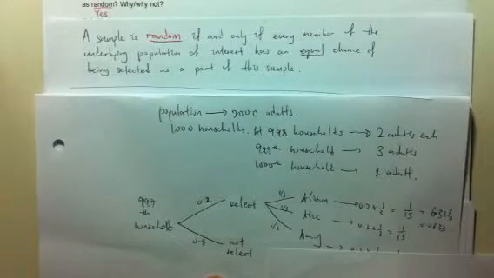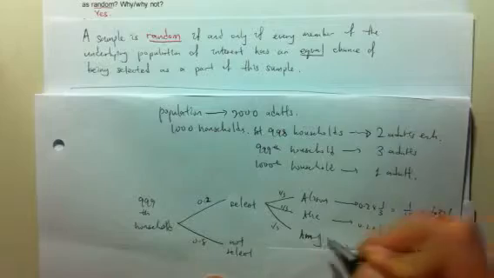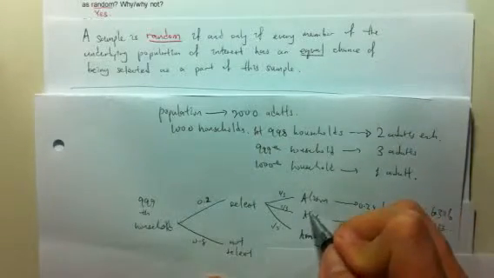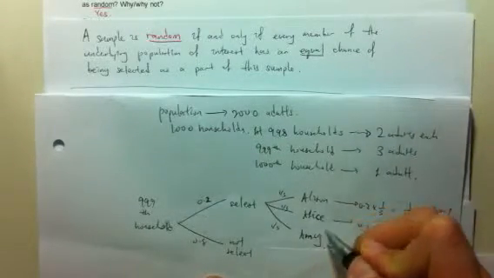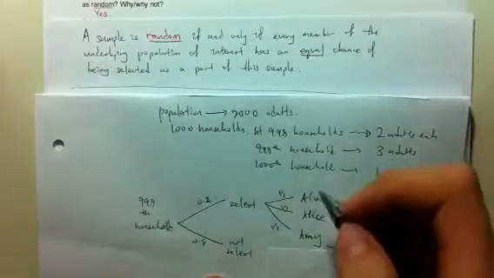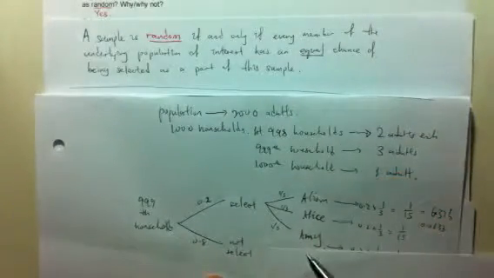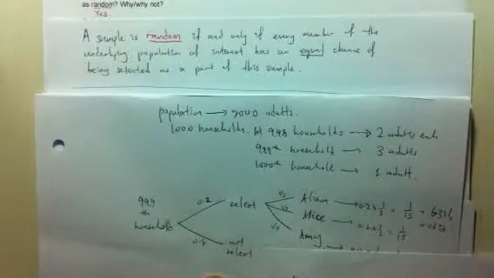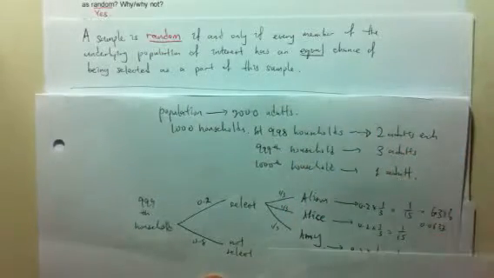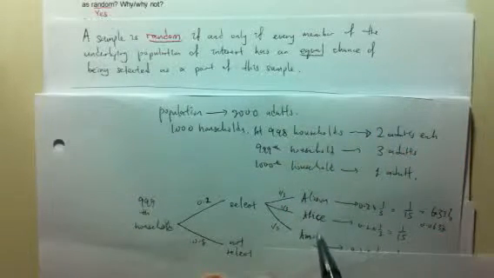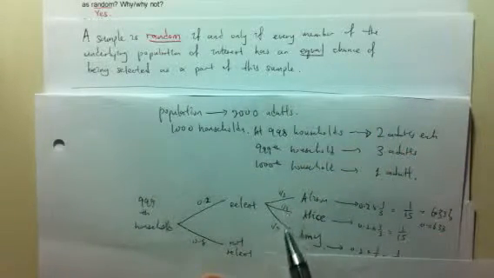Let's say the 3 adults who now stay in this household are named Allison, Alice, and Amy. Amy is the person who just moved in. Given that this household is selected, each of these adults would have a 1/3 chance of being selected.